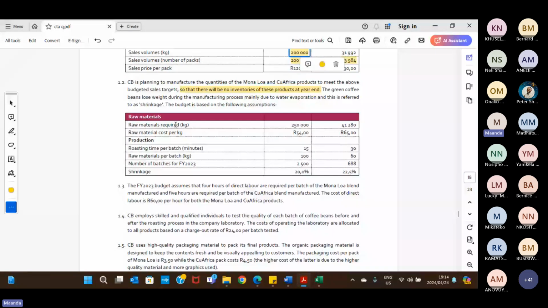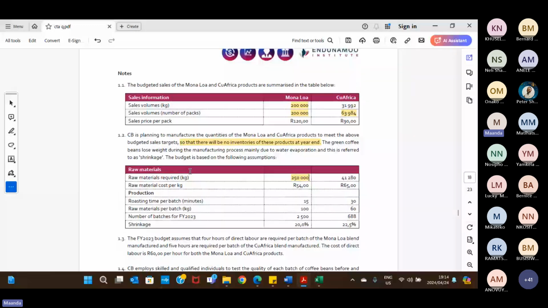It means I'm going to input 250 kg, and I'm not going to get 250 kg because of the loss that is going to happen. If my sales volume is in kg and I'm going to sell everything, I can already see that my input is 250, my output will be 200. So they didn't need to give you these percentages.